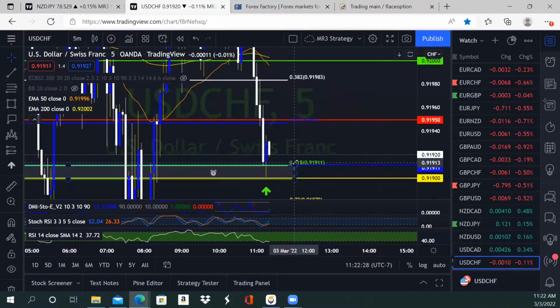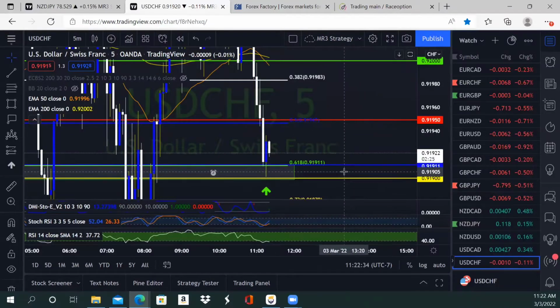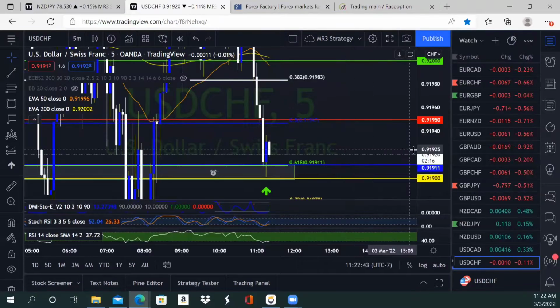And of course, we didn't get the best entry, but it was the best zone, right in our zone. So what we can expect here is this candle, we have 2 minutes 15 seconds left on it, that's going to do its move, retracing part of this candle before going up.